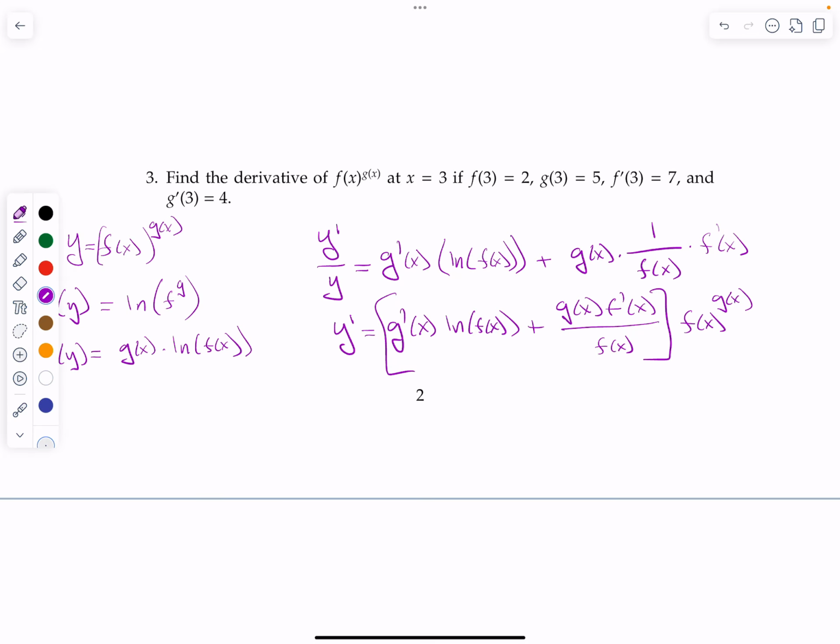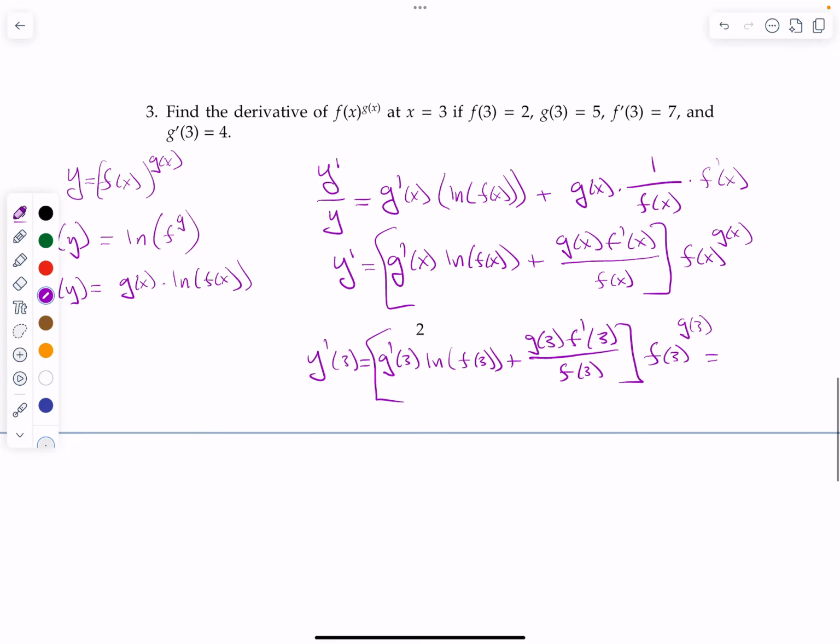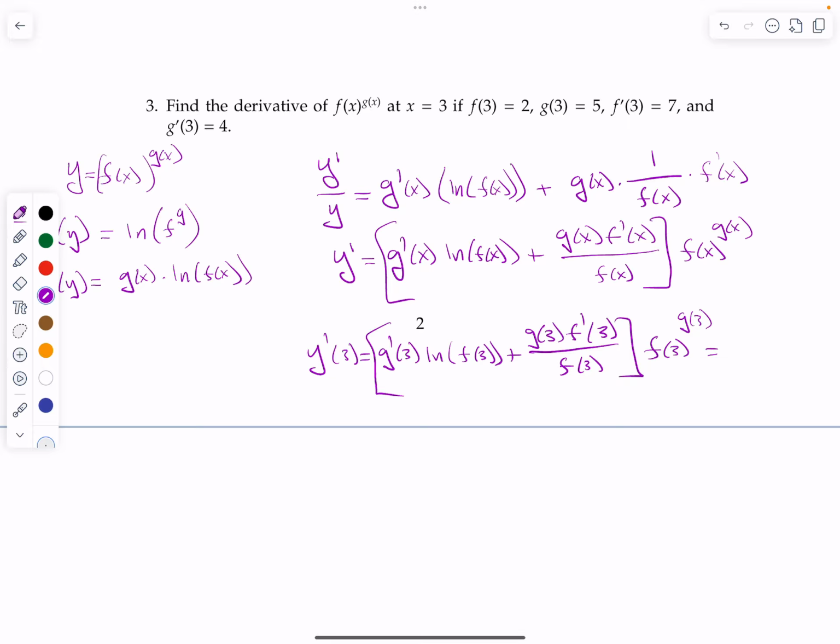So essentially, I want to know y prime at 3, which is going to be g prime at 3, natural log of f at 3, plus g at 3, f prime evaluated at 3 over f evaluated at 3, all multiplied by f at 3 to the g at 3. Okay, so minimal amount of work now to do.